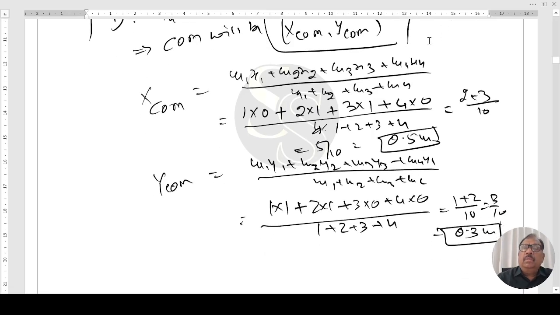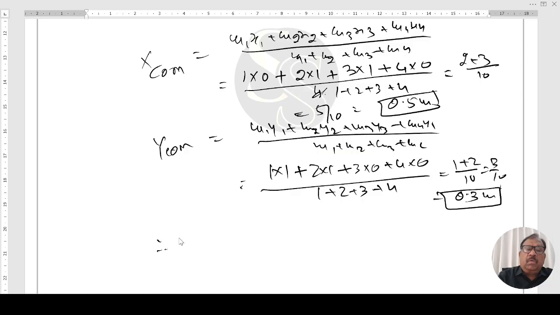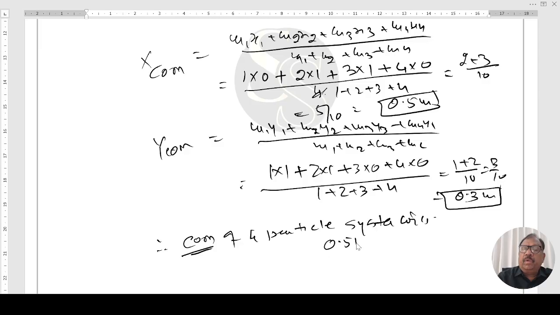Right? Therefore, the center of mass of the 4 particle system will be 0.5 meter, 0.3 meter. This is the answer.